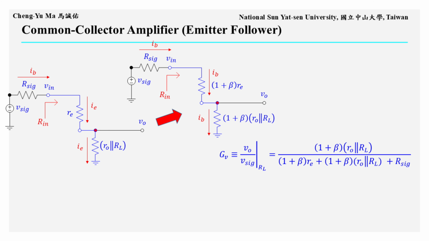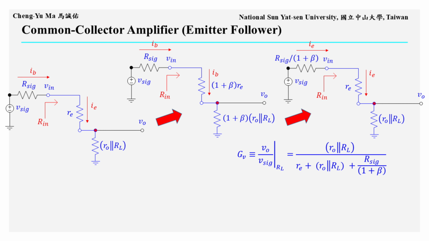Then all three terms are described by the same base current IB and can be treated as an equivalent series path. From this view, GV is immediately obtained by voltage division. The numerator is 1 plus beta times Ro in parallel with RL, and the denominator is R sig plus 1 plus beta times Re plus 1 plus beta times Ro in parallel with RL.